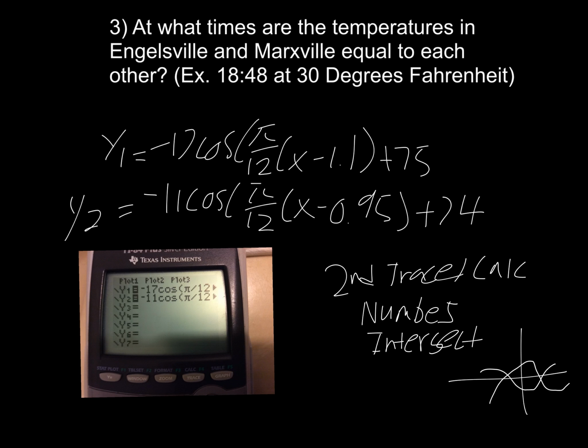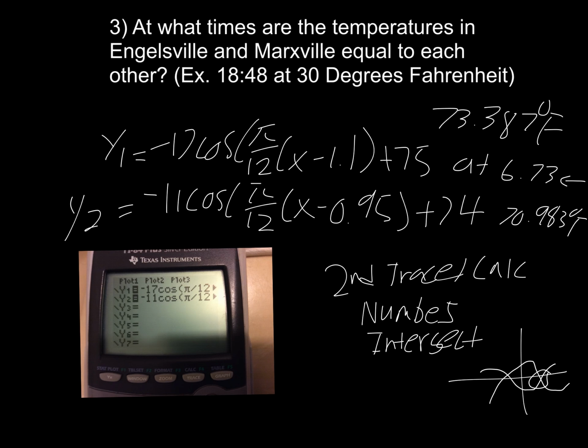It's going to somewhat look like this, and this would probably be the minimum. So your maximum temperature would be 73.387 degrees Fahrenheit at 6.73, and this would be in decimals currently. And your minimum would be 70.983 degrees Fahrenheit at 20.0167.